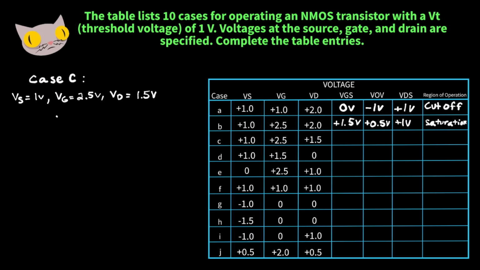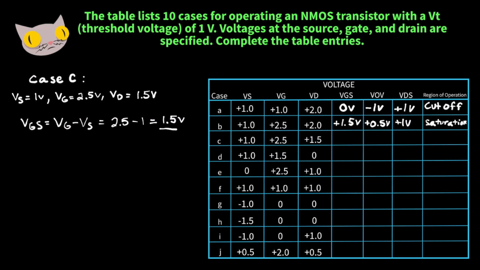So for case C, we have Vs of 1 volt, Vg of 2.5, and Vd of 1.5. So let's start by getting our gate to source voltage, VGS. That's going to be Vg minus Vs, or 2.5 minus 1. That's going to give us 1.5 volts.